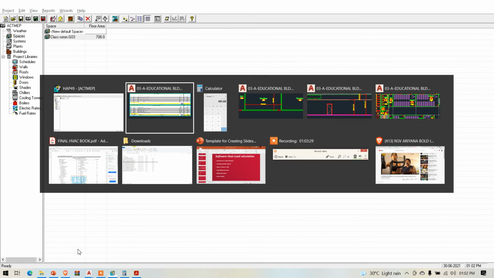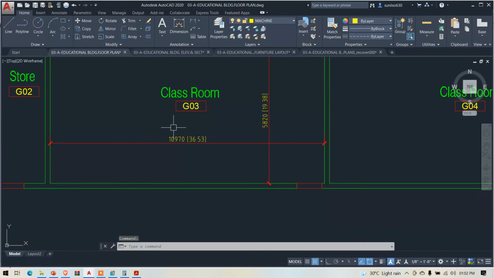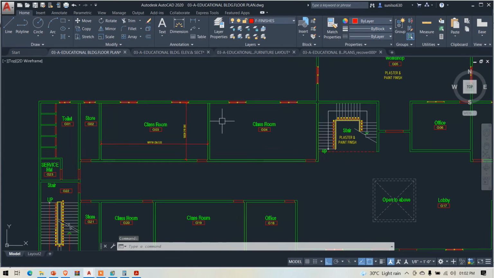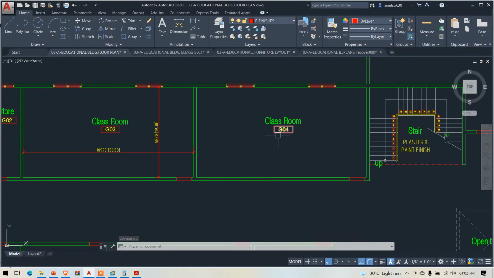Now we created only one space, which is classroom 03. Next we have classroom 04. Again the same procedure: take the room area and the room width. If you see here, 36.53, 36.53, 19.38, 19.38, so both classrooms are the same.